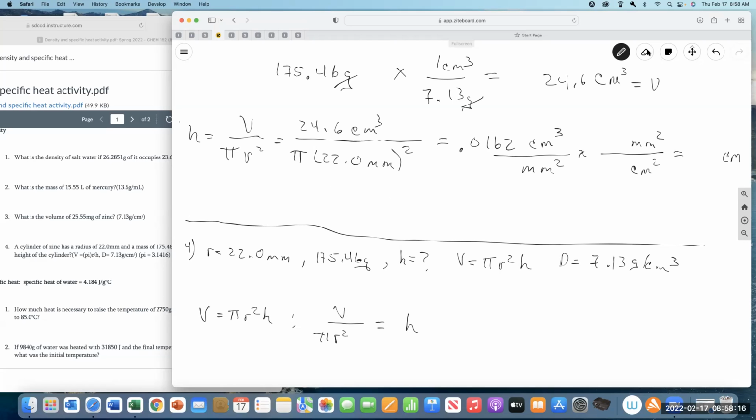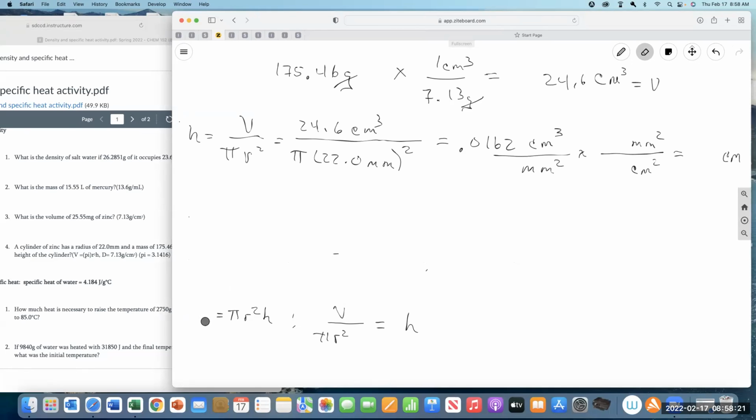So this is a little bit tricky. If I want to go from millimeters squared to centimeters squared, I need that relationship. I know that 1 centimeter is 10 to the minus 2 meters.